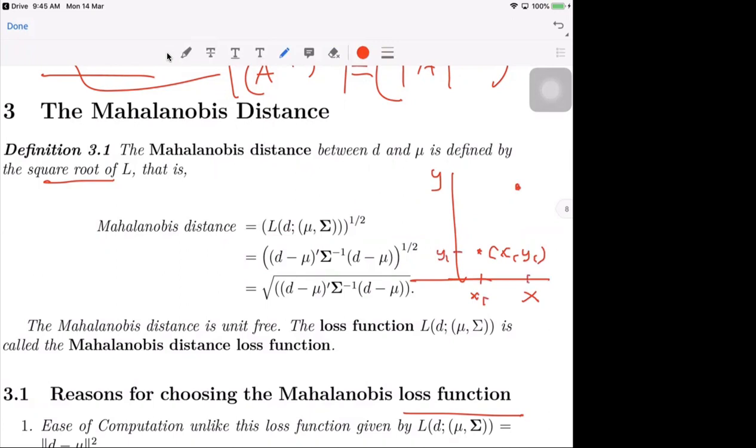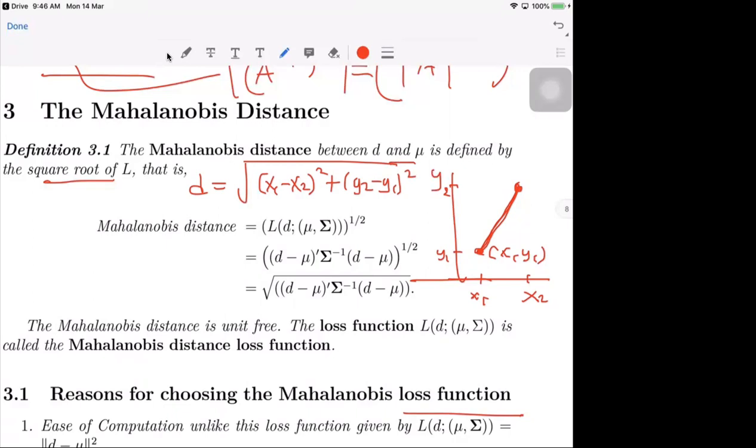And then this one is X2, Y2. So what's the distance between these points? The distance is equal to the square root of X1 minus X2 squared plus Y2 minus Y1 squared, right? Correct? Yes, ma'am.